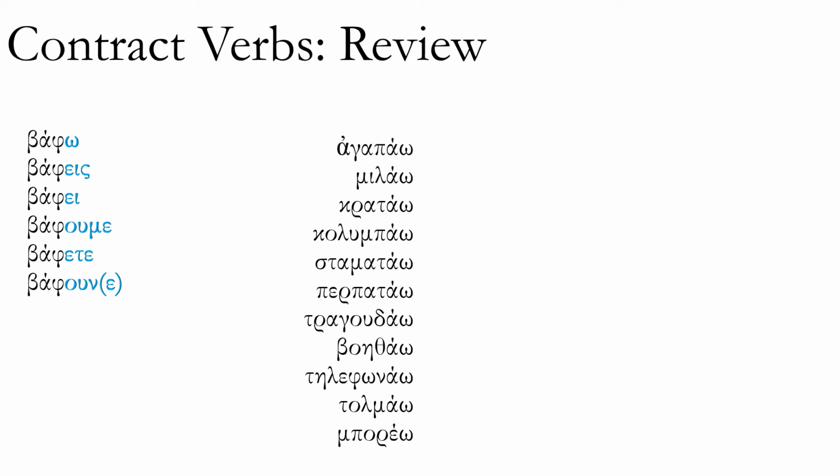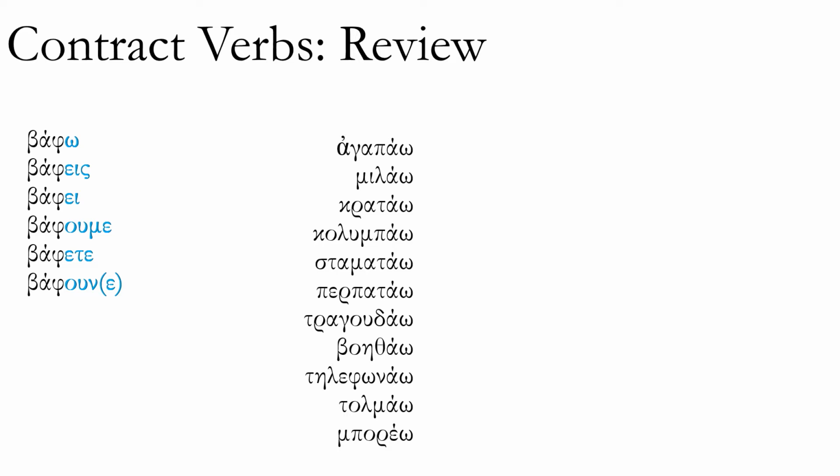Well, here's a list of contract verbs here. We have agapao, milao, cratao, colimbao, stamatao, perpatao, traudao, voithao, telefonao, tolmao, boreo. And of course, you can tell that last one was an epsilon contract. I didn't even bother putting an omicron contract in.